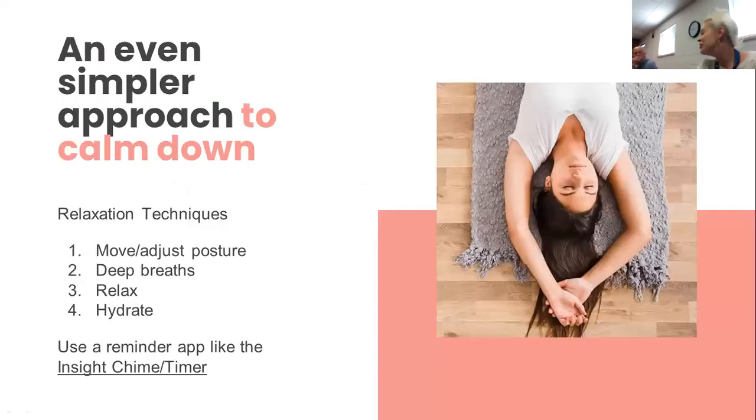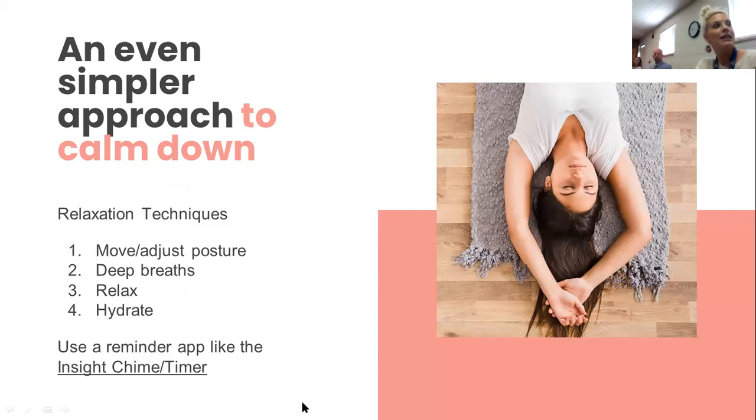So you don't need yoga though. You don't always have to be extra. These are simple things that we've already talked about. A very simple approach is just moving and adjusting yourself, taking deep, relaxing breaths, hydrating.